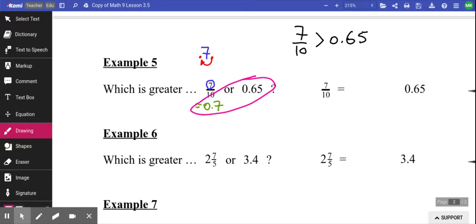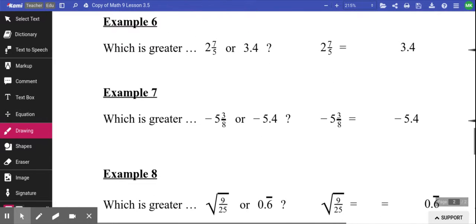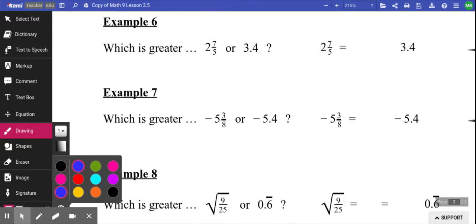So if you look at question 6, it says which is greater. Now we have a mixed fraction versus a decimal. I still think it's easier to change the fraction into a decimal in this one because it's divided by 5. However, there is something I'd want to deal with first, and that is realizing that the numerator is bigger than the denominator.